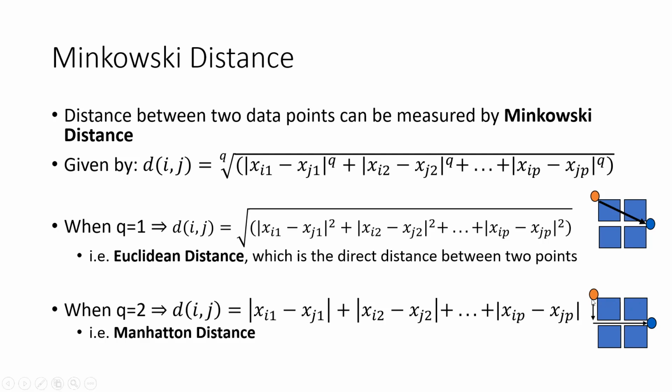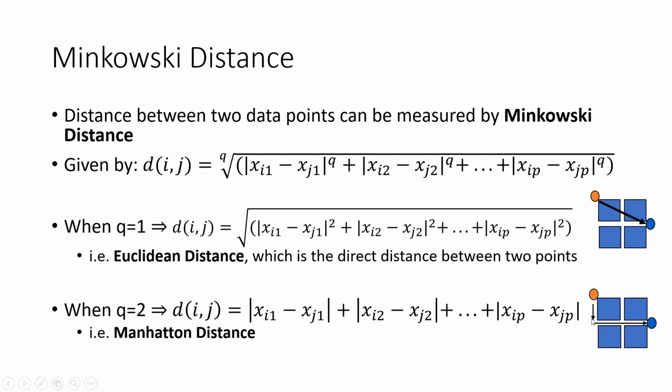And if you want to go from this particular point to this particular point, suppose these are the buildings, right? Buildings or the city blocks. So this is also known as the city block distance, or the Manhattan distance.